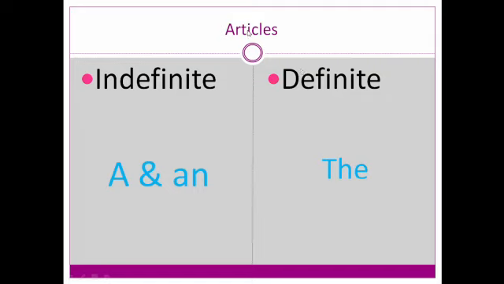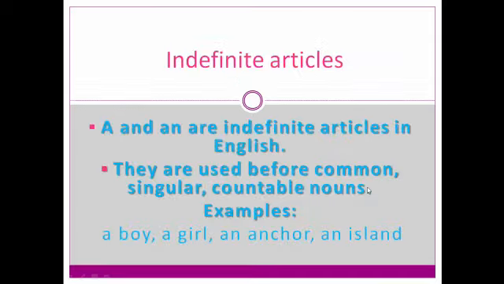So articles are placed before nouns, pointing out nouns, determining nouns. Articles are divided into two: one is the indefinite article, another is the definite article. What are the indefinite articles? A and an. Non-specific. The is specific, the definite article. Okay, let us move on to the next one.